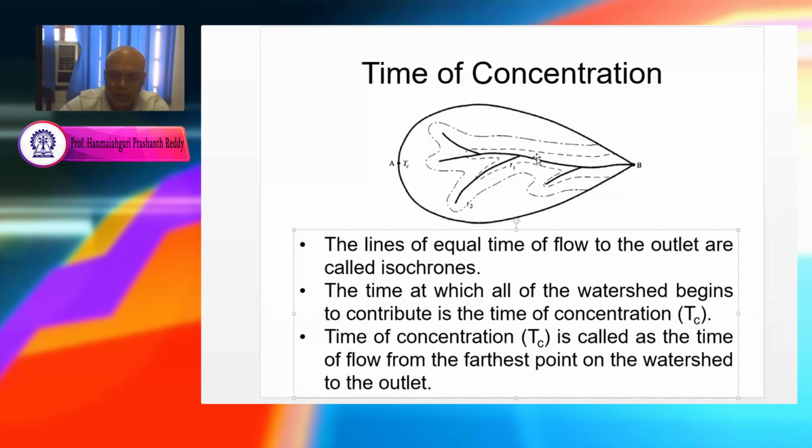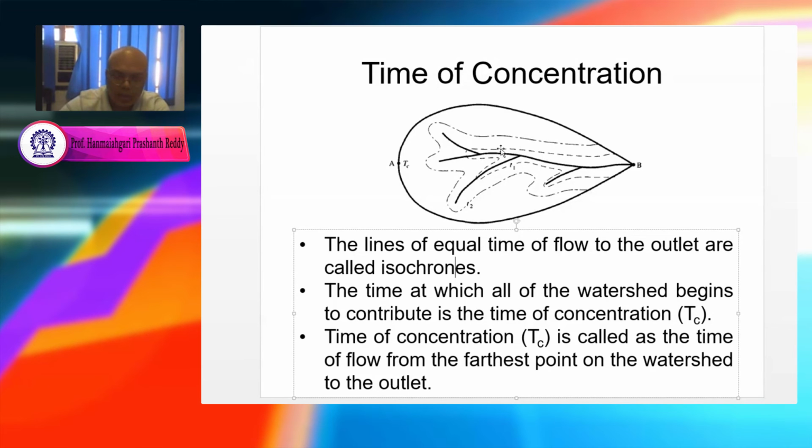So you can see that from the inside dash line area, the water quickly reaches the outlet, whereas from outside it takes more time to reach the outlet. Time of concentration is the time of flow from the farthest point on the watershed to the outlet.